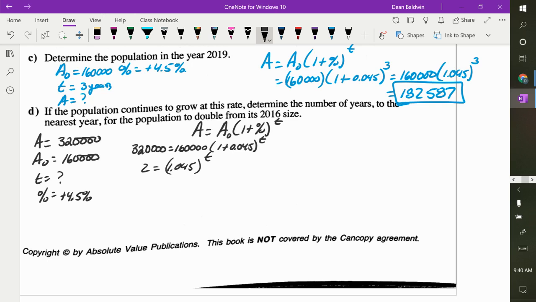Our unknown is an exponent. How do you bring exponents down? Log it. Now, which of the two logs do you want to use, natural log or log? I heard natural log, so I'm going with natural log. If I natural log this side, the t falls down.